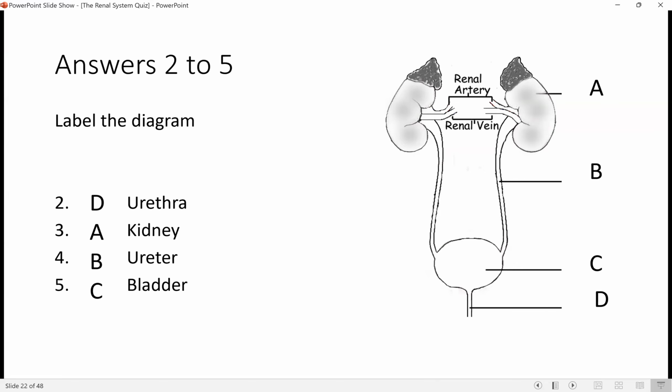So that is what goes from the bladder to the outside world. When you have diagrams like this, or you're likely to get diagrams like this in your exam, it's really, really helpful if you can actually draw a little really simple diagram yourself on some note paper, and that will help you get things in the right order.